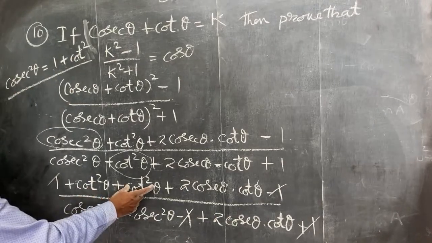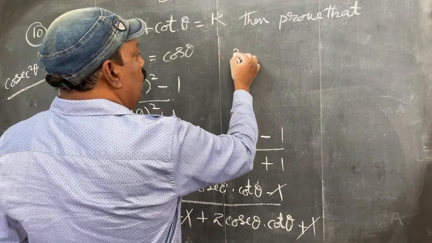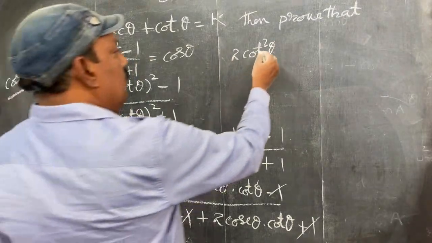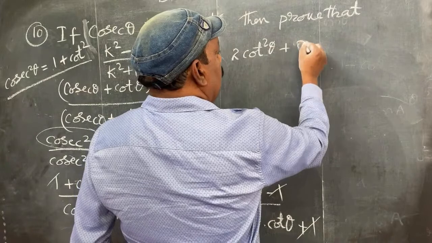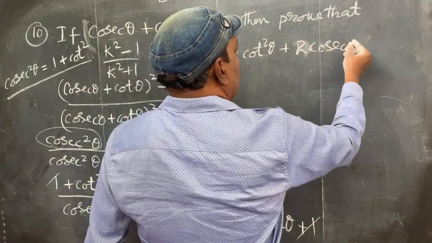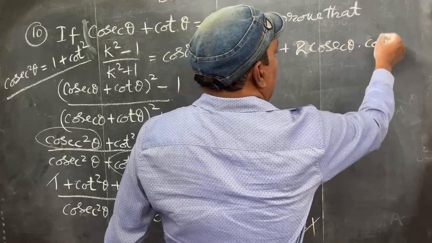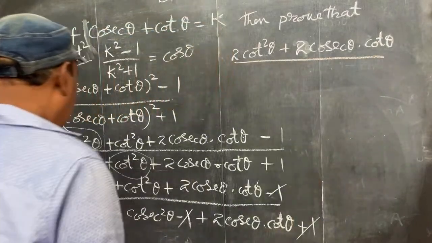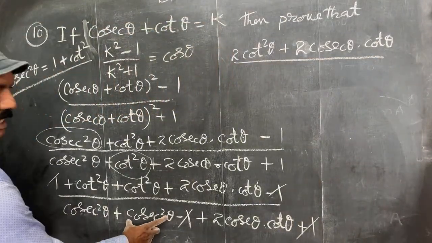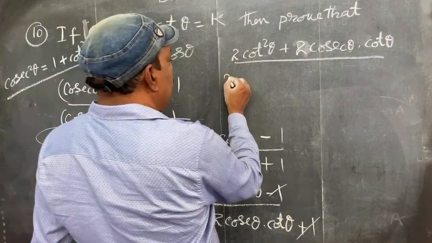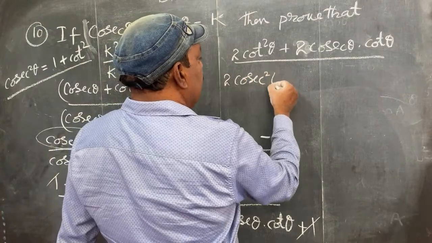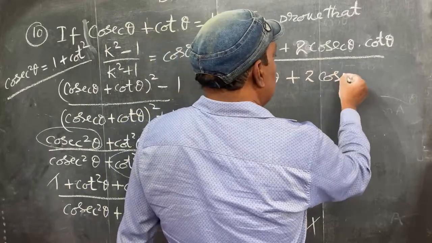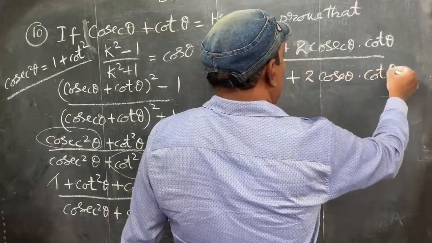That means 2 cot square theta plus 2 cosecant theta into cot theta, by, here again cosecant square theta 2 times we are having, you are making double of it, 2 cosecant square theta plus 2 cosecant theta into cot theta.